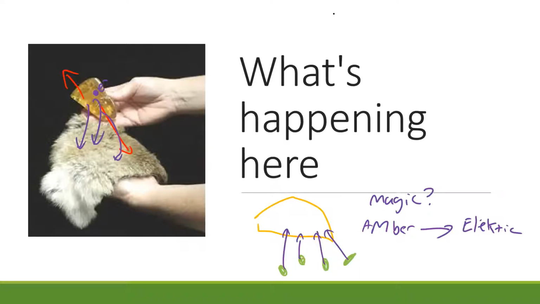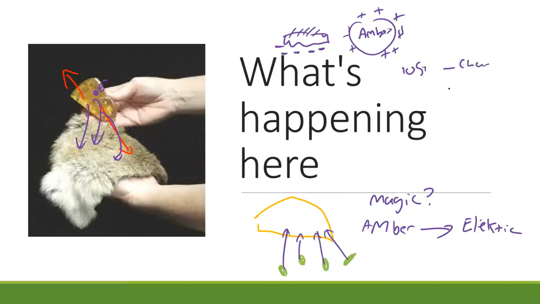And that means that the wool becomes negatively charged and the amber becomes positively charged. The reason the amber becomes positively charged is because it's lost its negative charge. If you've got 3 negatives and 3 positives, if you get rid of some of the negatives, you have an overall more positive charge than negative charge. So that's why we say it's positively charged.